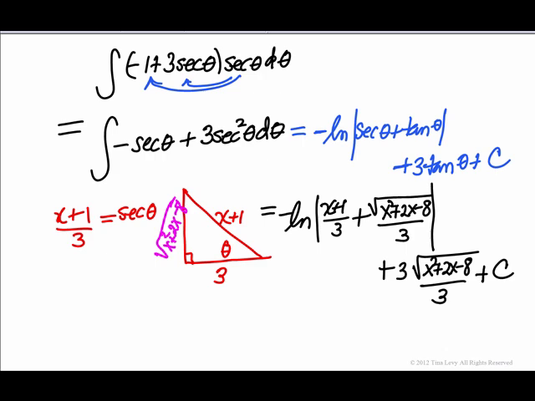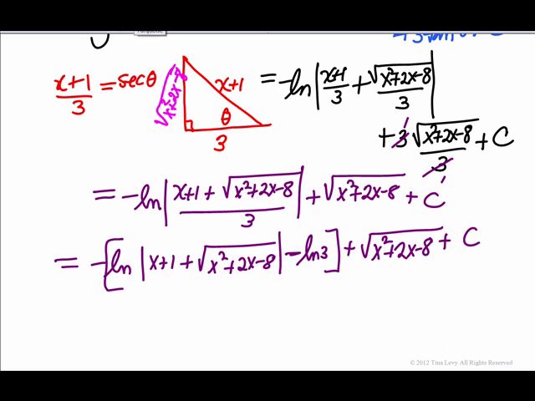Then it will be log of the top minus log of the bottom. But the log of the bottom is log 3, which is a constant, so it'll get absorbed in the C right here. Okay, so I'm going to write the resulting answer. Let me just do another bit.